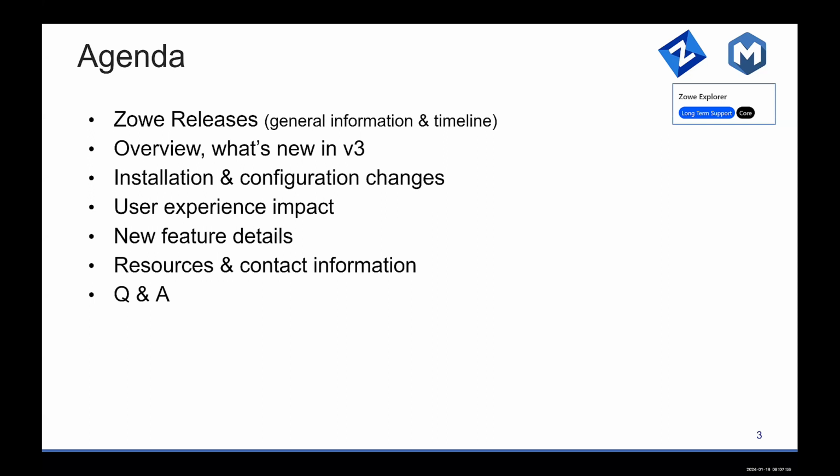Will there be new capabilities? And then they'll give you a deeper dive into specific features. And we'll conclude with who you could contact if you had any questions. We have that information at the back, and then we'll open it up for general Q&A.